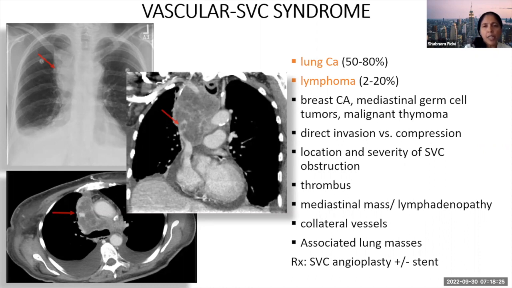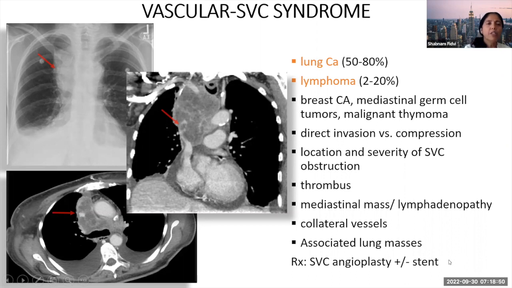It can determine the location and the severity of SVC obstruction, and then also identify other associated features such as thrombus, mediastinal or lung masses, lymphadenopathy, and whether there are collateral vessels. For patients with significant SVC obstruction, these usually require treatment either via angioplasty with or without stenting.